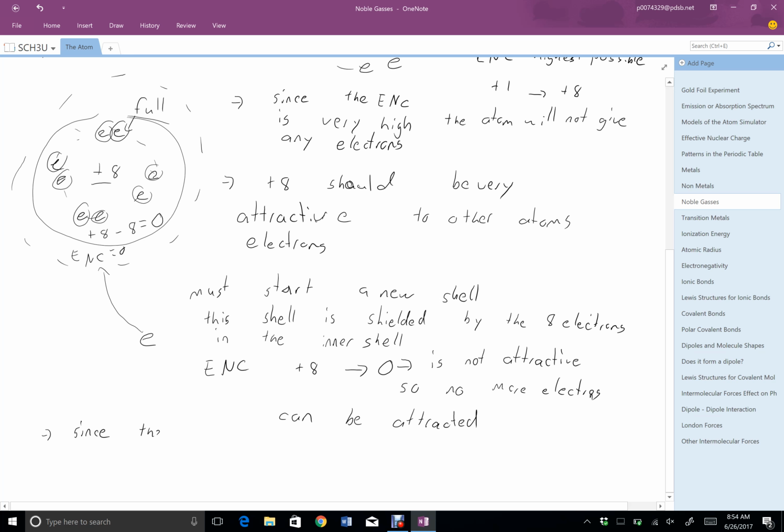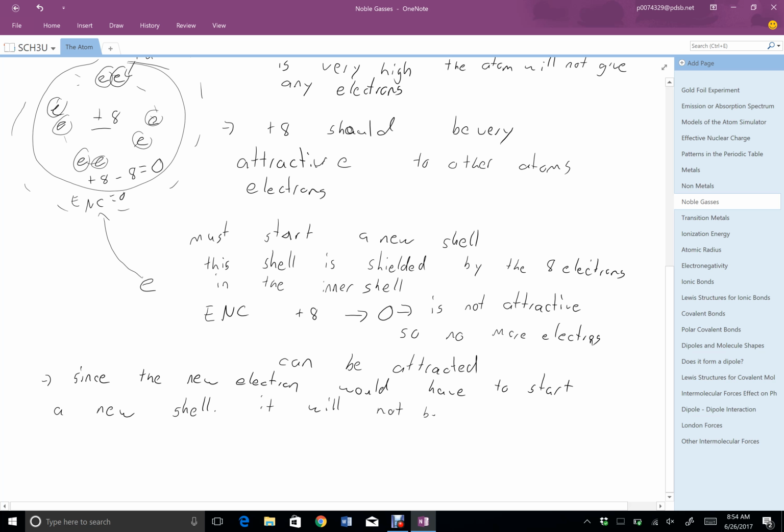Since the new electron would have to start a new shell, it will not be able to see the effective nuclear charge of +8, so it will not be attracted by it.